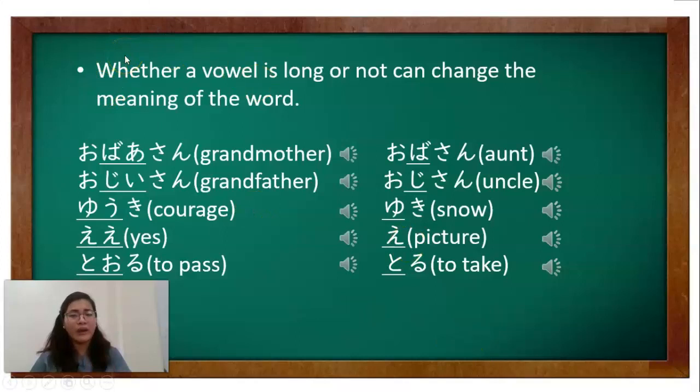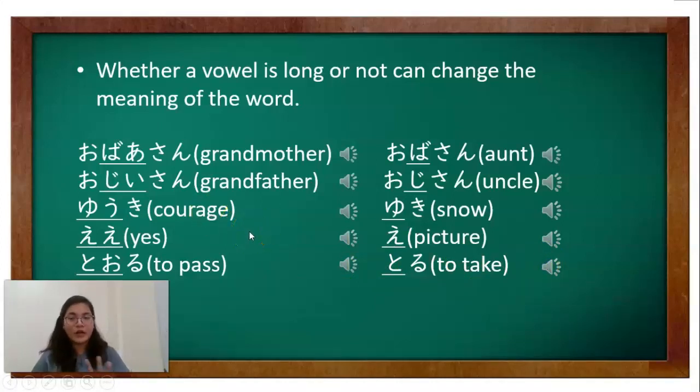Just like these examples. おばあさん、おばさん。おじいさん、おじさん。勇気、雪。ええ、え。通る、取る.